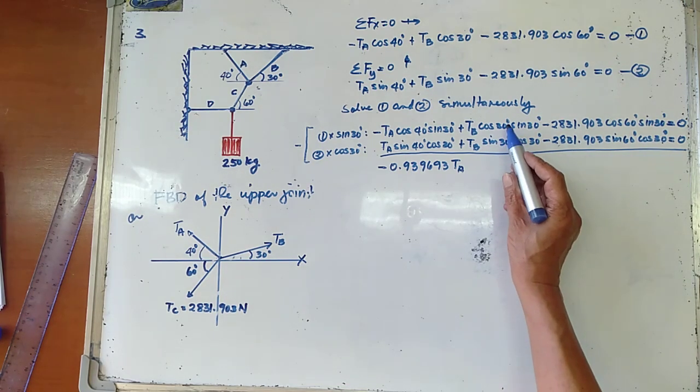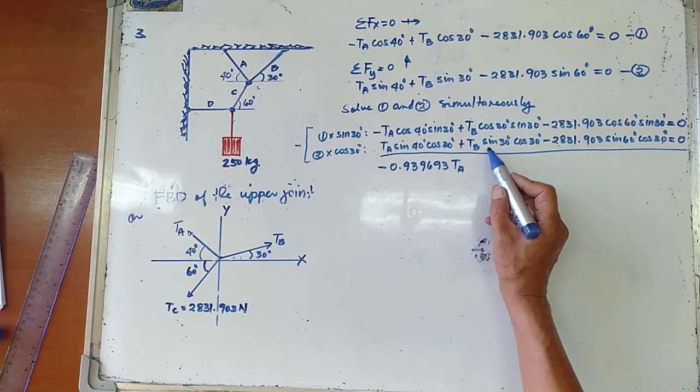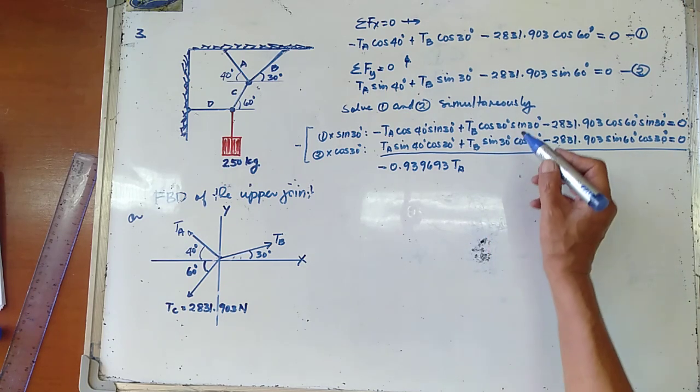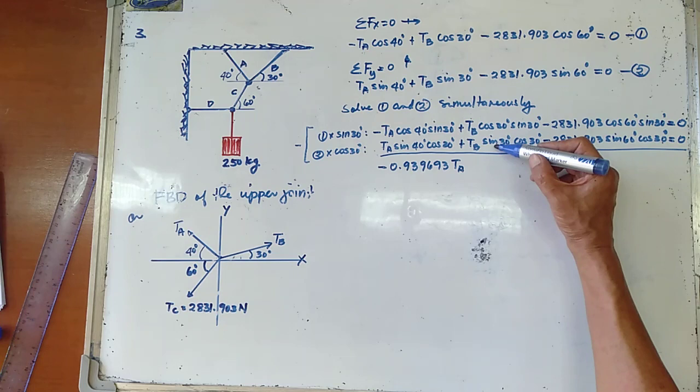TB cosine of 30 sine of 30 minus TB sine of 30 cosine of 30 is equal to 0.